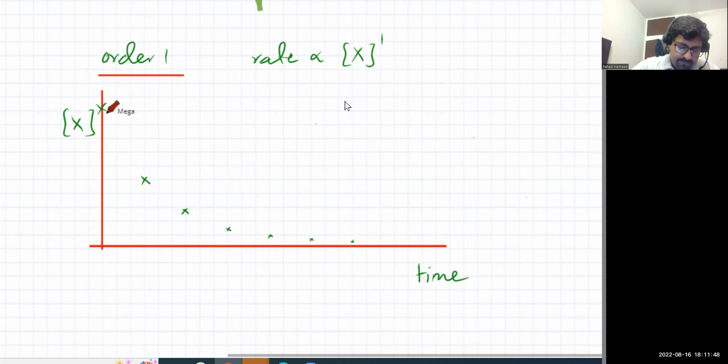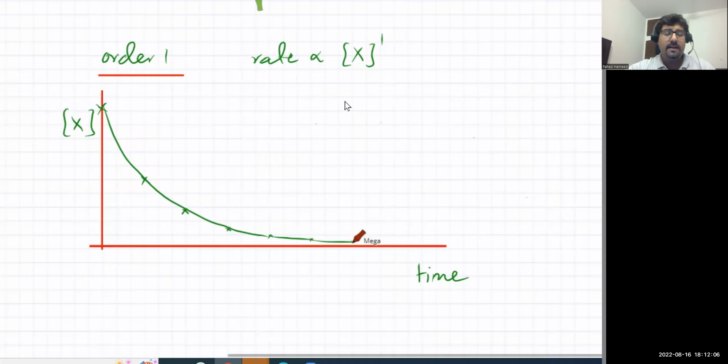It's going to be kind of a curve. So most graphs would actually look like this.